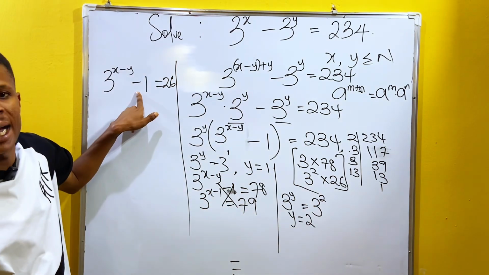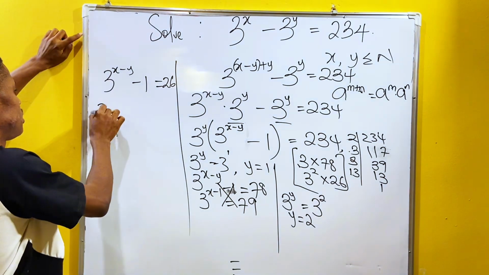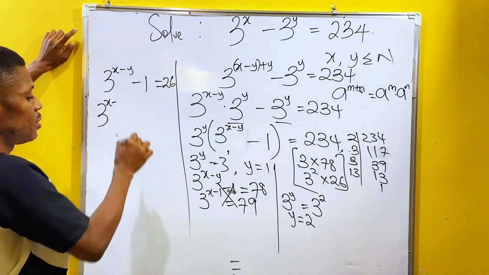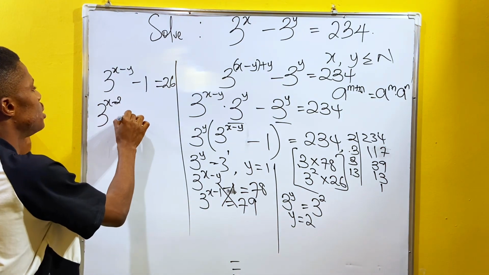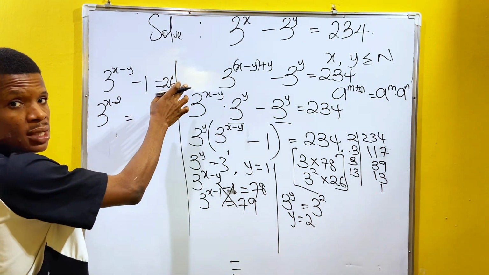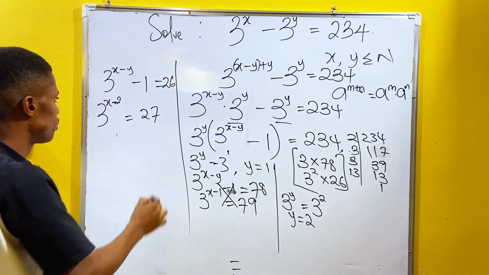So you simply add 1 to both sides. That means 3 to the power of x minus 2 is equal to 27.